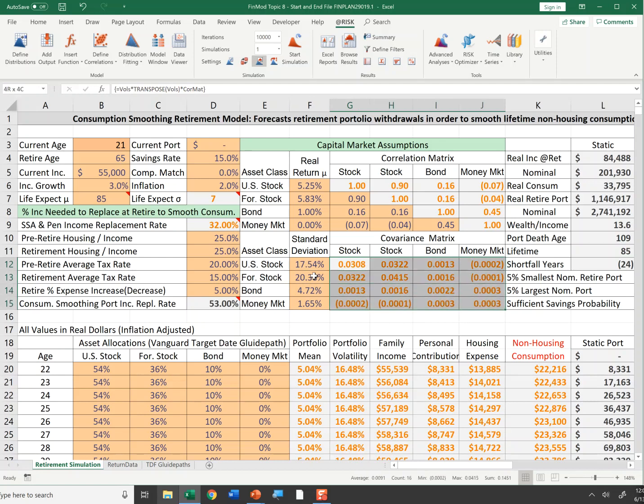And then I just calculated the covariance matrix. The covariance matrix takes into account the correlations and the volatilities I've estimated. So these are the basic capital market assumptions: the expected returns, volatilities, correlations, and covariances of my 4 asset classes.